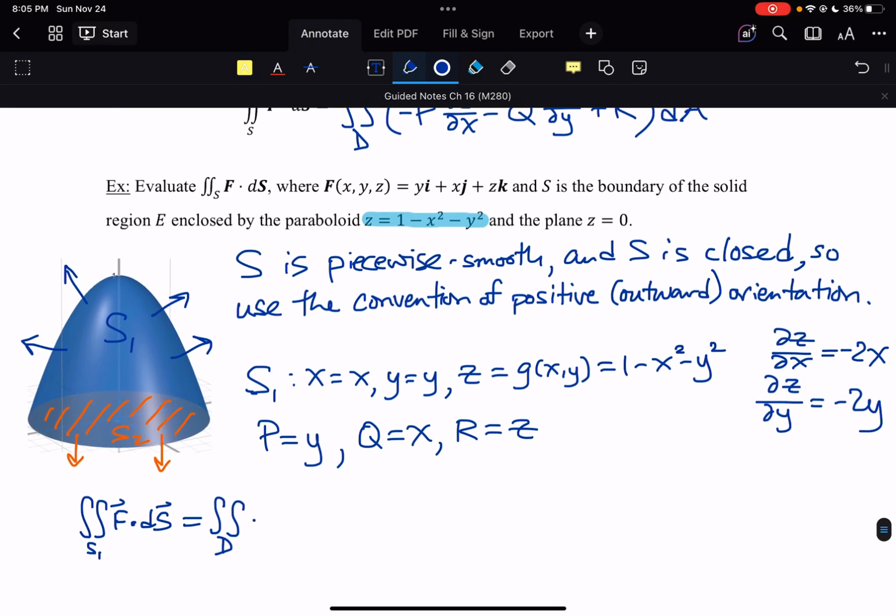So we're going to get negative y times negative 2x minus x times negative 2y plus z dA.